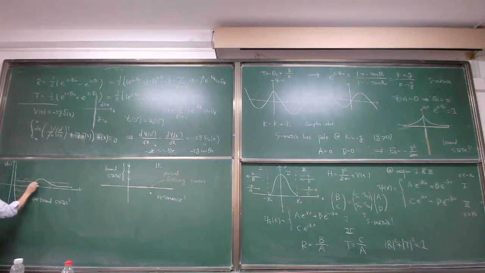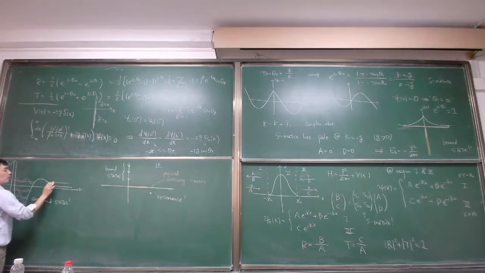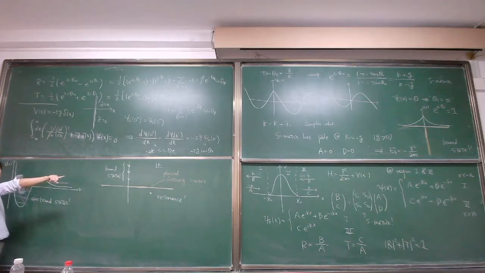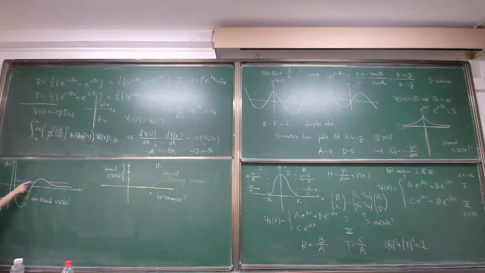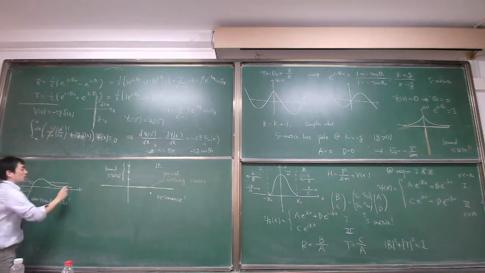There is a tunneling effect, and some small amplitude can decay to infinity. That is called a resonance. Resonance means that around here, the wave function really fits into this potential. That's what a resonance is.